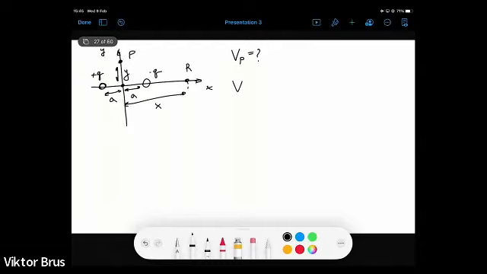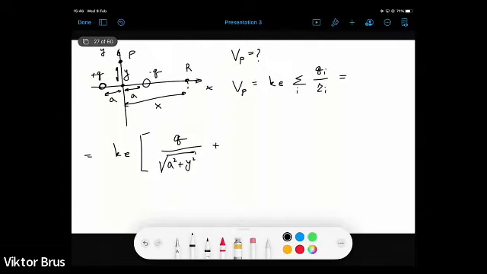According to this previously introduced equation, since we have a system of two charges, it will be k_e times the sum over all charges, q_i divided by r_i. So it will be equal to k_e, and here we have Q divided by the distance from the first charge, let's say this positive charge, to point P, and that will be given as the square root of a squared plus y squared.